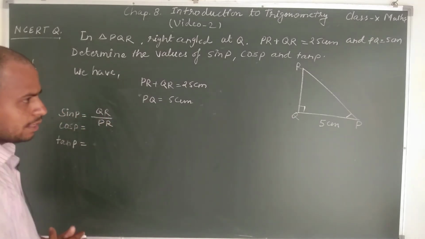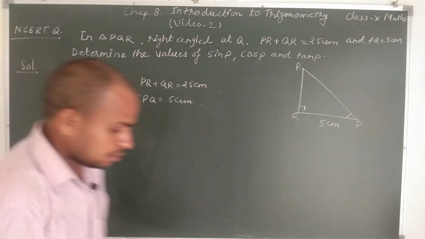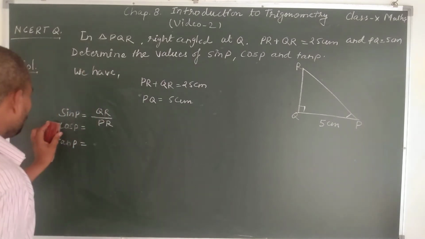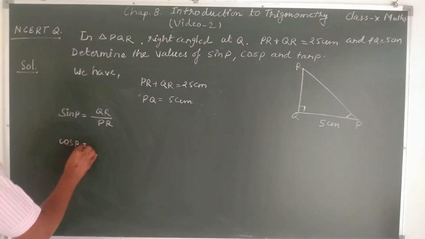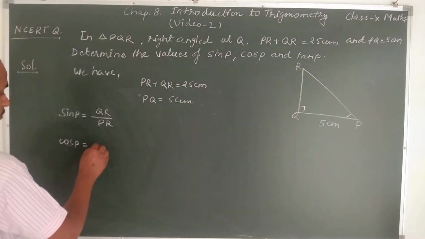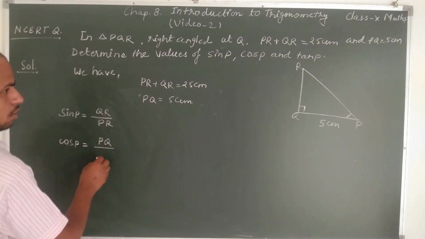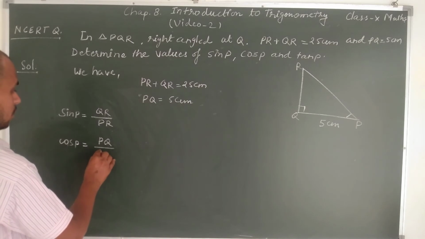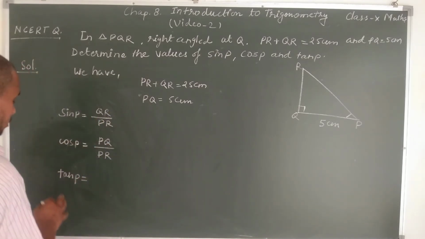Cos P is base upon hypotenuse, PQ upon PR.